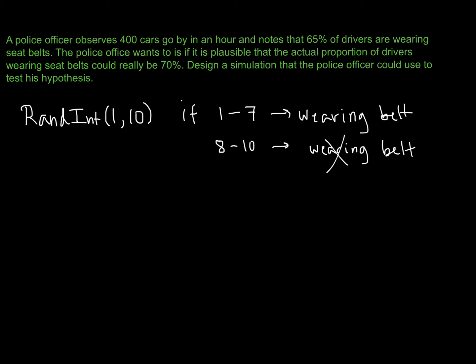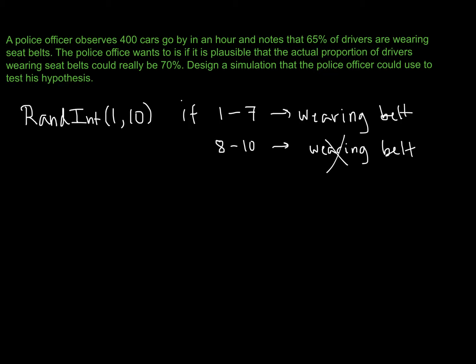But if you go back to your simulation guidelines, remember, we have to use a simulation that is the same as this particular situation. So we have to look at 400 cars going by, right? If a police officer observes 400 cars, we have to run our simulation with 400 cars so that we can test out how many times we're getting 65% of them wearing a seatbelt.